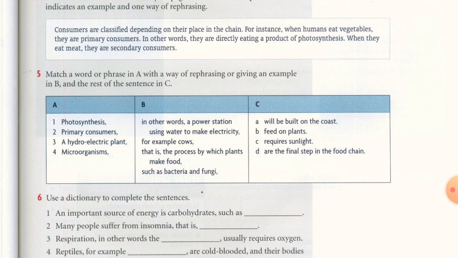Second one, primary consumers. For example, cows feed on plants. Third one, hydroelectric plant. In other words, a power station using water to make electricity will be built on the coast. The first one, microorganisms such as bacteria and fungi act as the final step in the food chain.